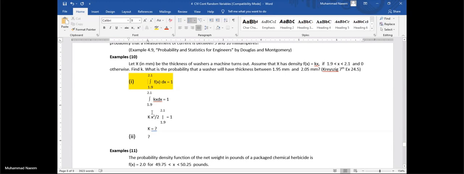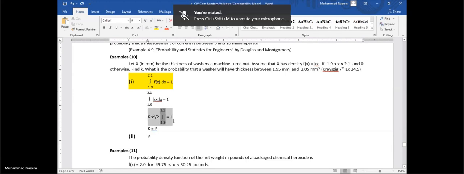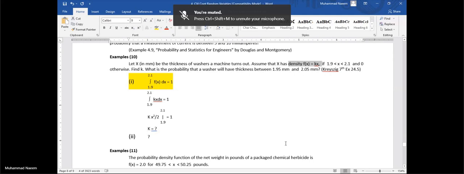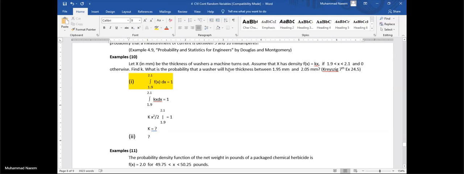Solve this definite integral. Putting back what is required further, we have to calculate the thickness between 1.95 and 2.05. So just integrate your density function from 1.95 to 2.05.